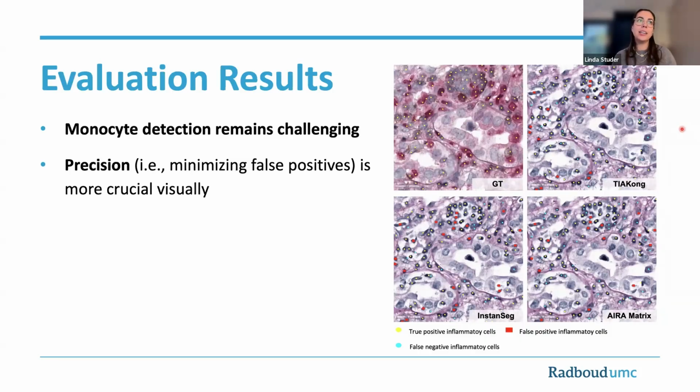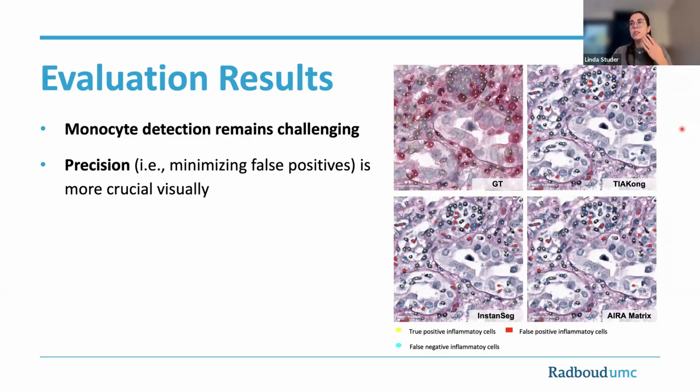Looking at it together with Dominique, who's a pathologist, we quickly realized that for a visual aid, it's much more important to not have as many false positives, because our brains are better at adding in the missing cells rather than subtracting the ones that wrongly popped up.